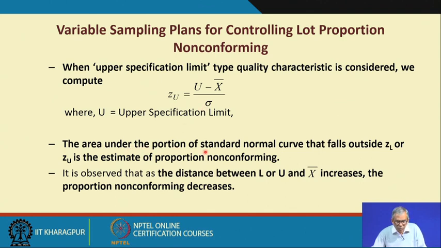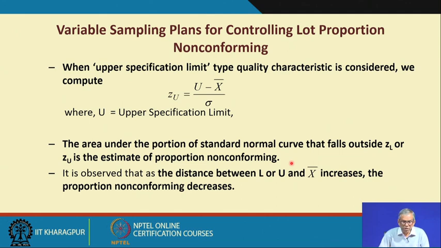The area under the portion of the standard normal curve that falls outside ZL or ZU is the estimate of proportion non-conforming. I presume that you know how to read the values from the standard normal table.